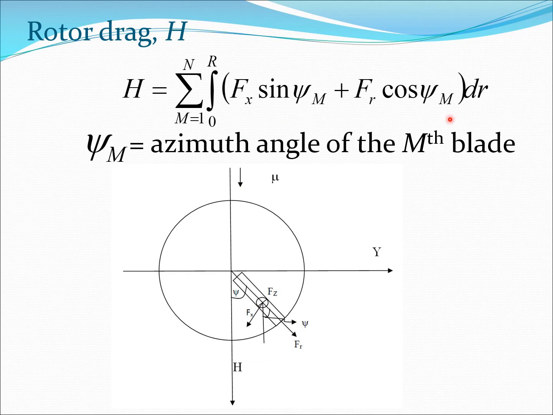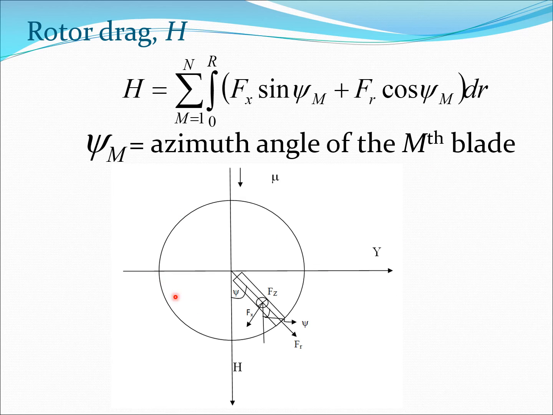So essentially we take this particular equation here. These are the components of the forces in the direction of H. We multiply it by dr and then integrate it from 0 to R, where R is the radius of the blade. And then because there are n blades, we need to sum it over the blades, so m is 1 to n. Now remember that psi m here is the angle corresponding to blade number m.